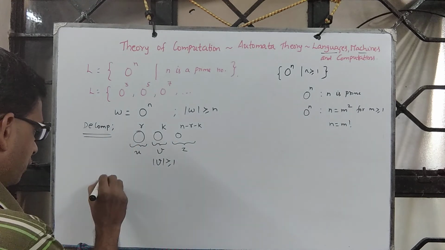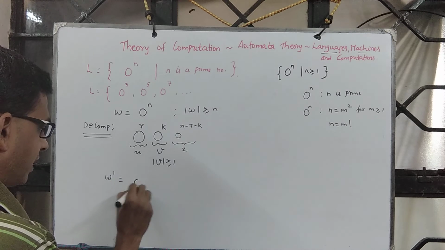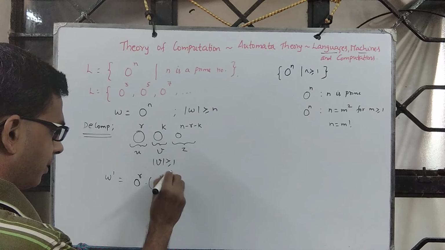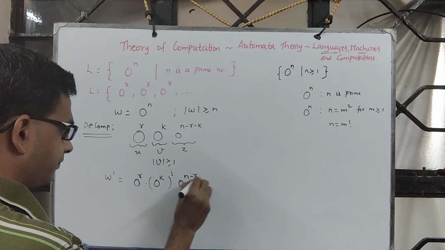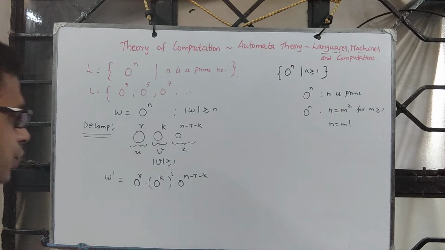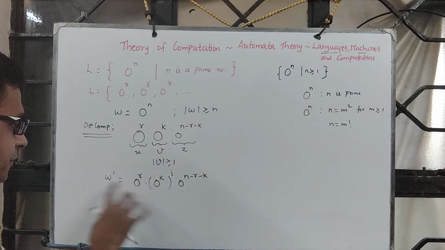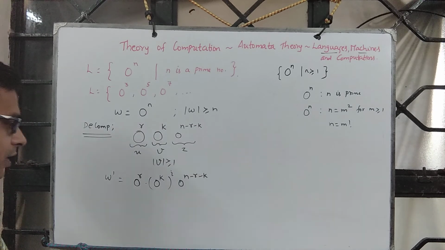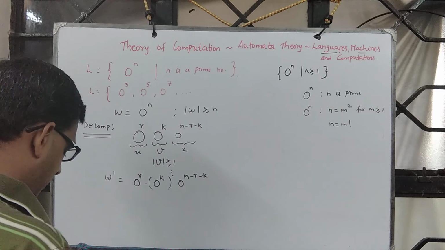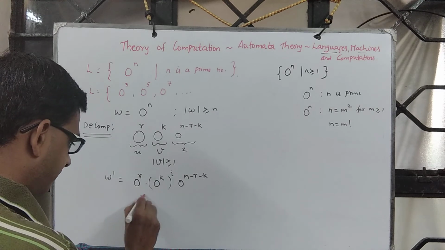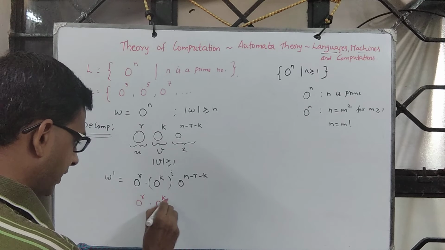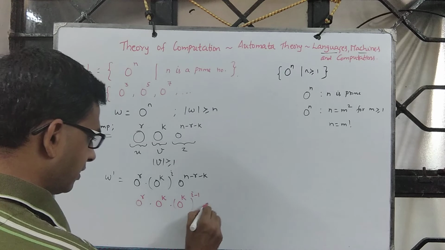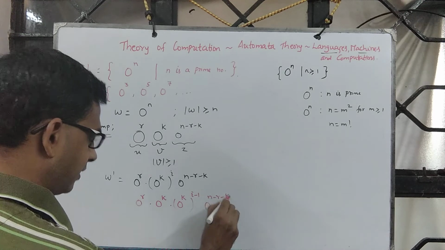Okay, now what is it that we want to show? We want to show that if you look at the string, there exists one i with respect to which this w prime is not part of L. So let me rewrite this part. It is 0 power r, 0 power k times 0 power k to the power i minus 1, 0 power n minus r minus k.